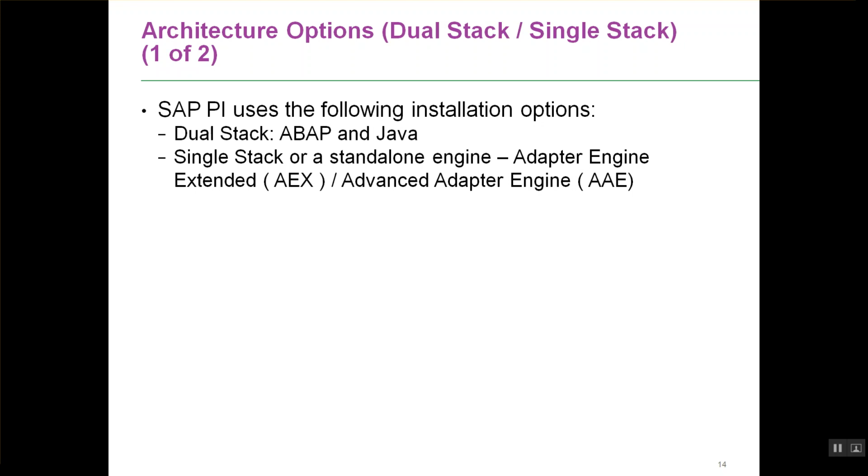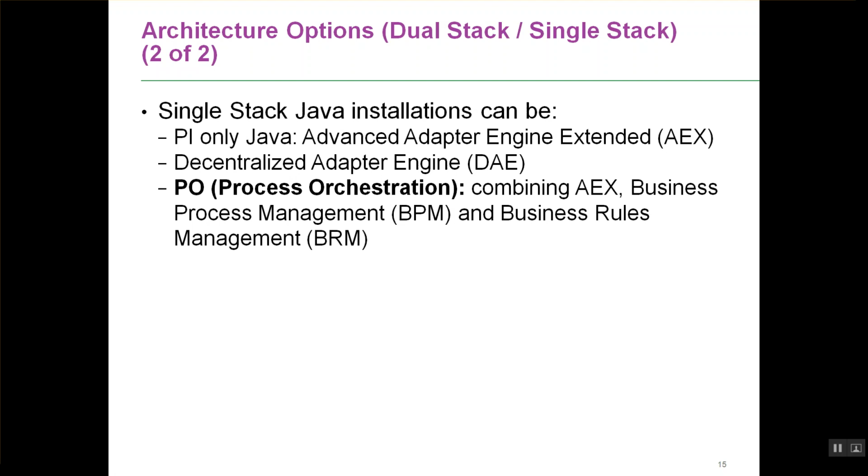And all of this just holds true for PI. So what is process orchestration, right? Process orchestration is nothing but Java only PI, or a process, sorry, I'll correct myself. So first what I would like to talk about is what is process orchestration in that case.